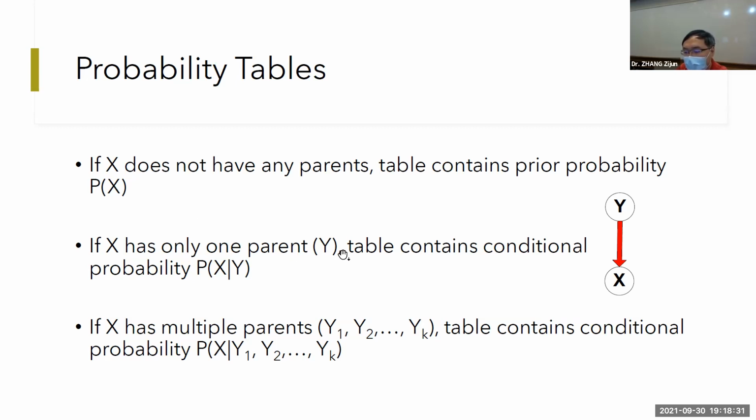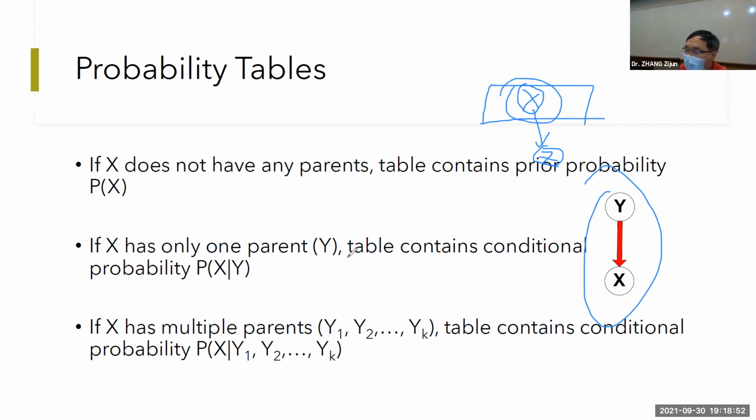If X has only one parent Y, it's like this. Okay. So the first case, to avoid the confusion. So if there's an X like this, okay, then this X just presents a prior probability. So we just have P(X) here and include this P(X) into the table.